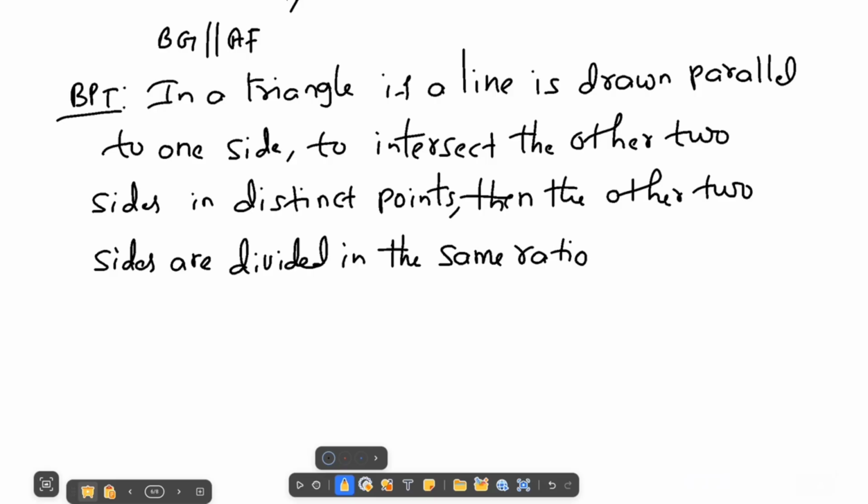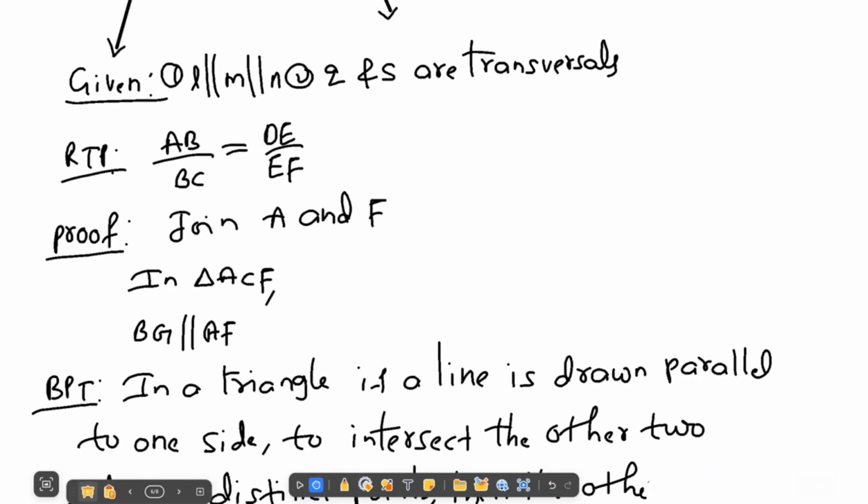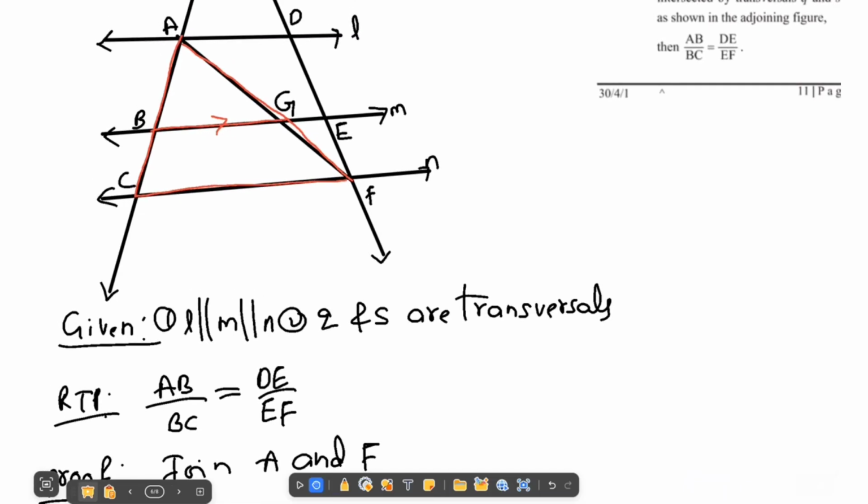That means when BG is parallel to CF, then this BG divides AC side and AF side in the same ratio. That means we will get AB by BC is equals to AG by GF.